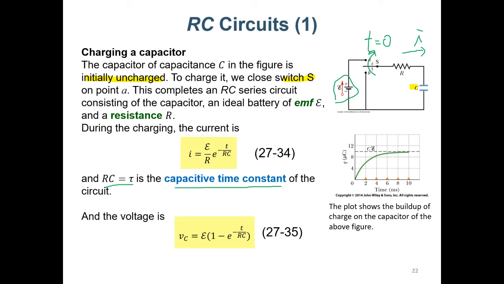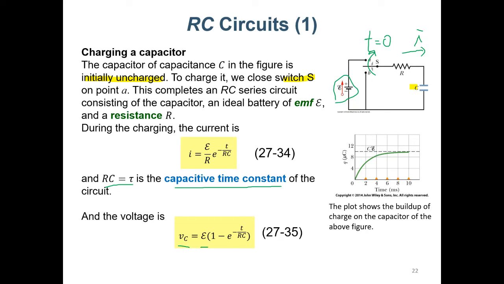Or I will gradually decay to 0. And actually, this should be Q, or VC.